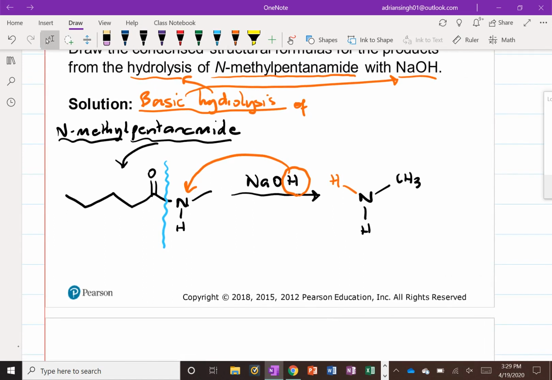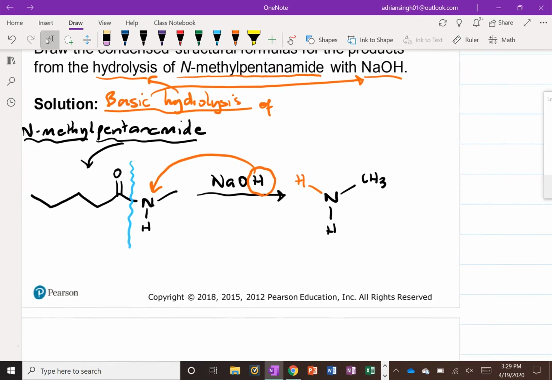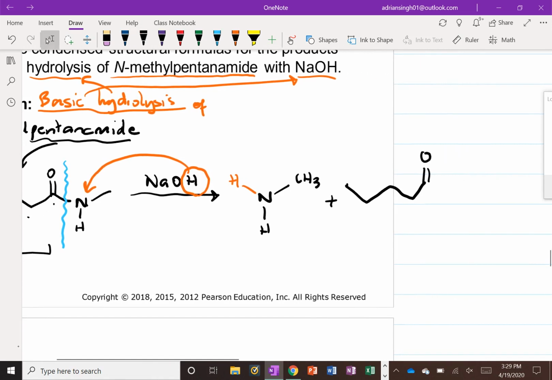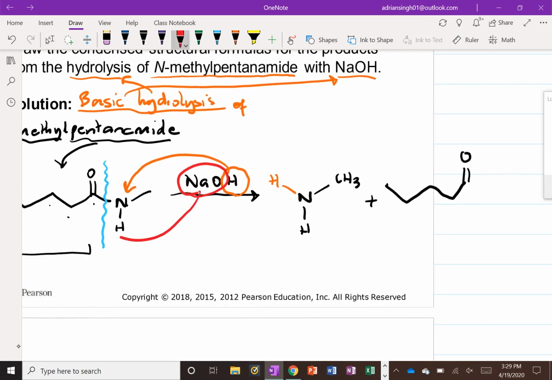All right, and then the other product here is going to be the salt of that carboxylic acid. All right, that's this portion. So let's draw everything that doesn't change. All right, so we have 1, 2, 3, 4, 5 carbons. Our C double bond O. And now what we're going to do is attach that NaO to this carbon here of the carbonyl.